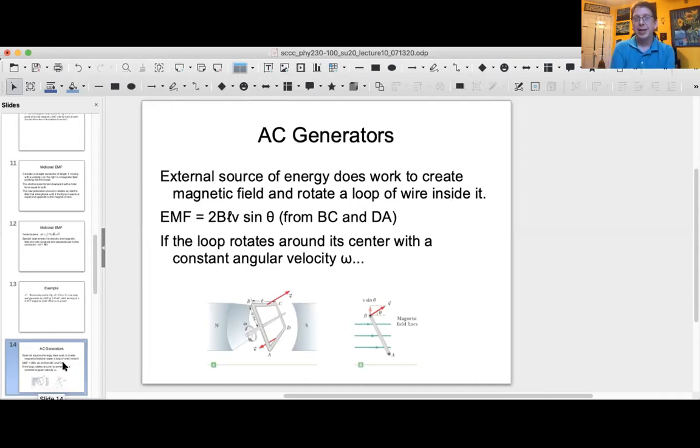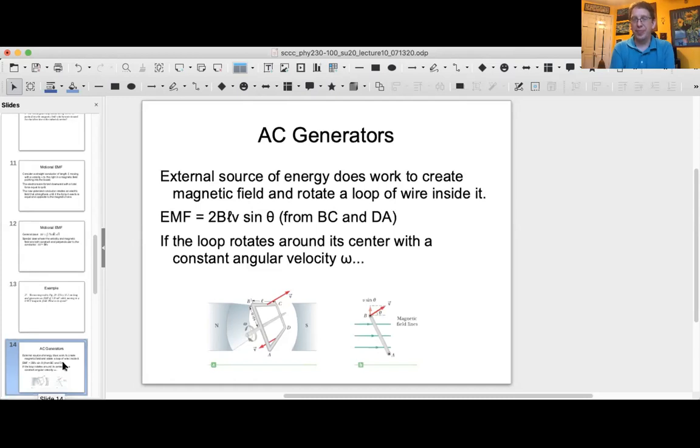Our electrical grid runs on alternating current. With the exception of solar cells, the things that supply power to the electrical grid, whether it's windmills, gas plants, coal plants, hydroelectric plants, whatever, they generate AC power. So how exactly is that done?